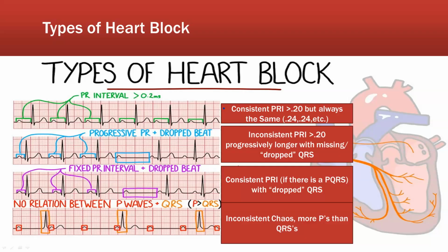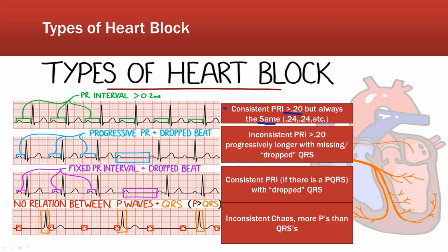So if you have a consistent PRI and it's always the same and always greater than 0.20, that is a first degree AV block. Our normal underlying rhythm is a sinus something with a first degree AV block. Just like we talked about with PACs and PVCs, first degrees always have something underlying. In this particular instance, it looks like their heart rate is somewhere between 60 and 70.